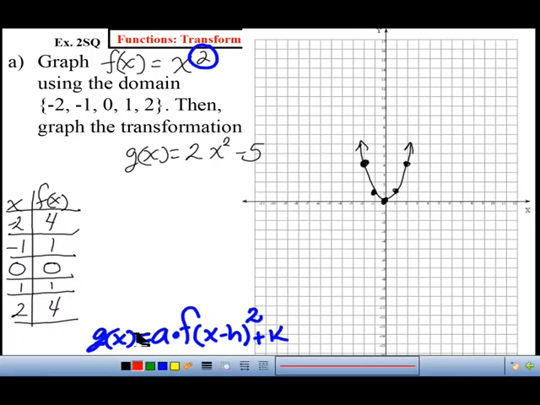Here we go. g of x, do we have that here? Yes, g of x. Do we have an equal sign? Yes, an equal sign. Do we have an x? Yes, an x. Do we have an exponent? Yes, this is a square. Does it have a square? Yes. Okay.